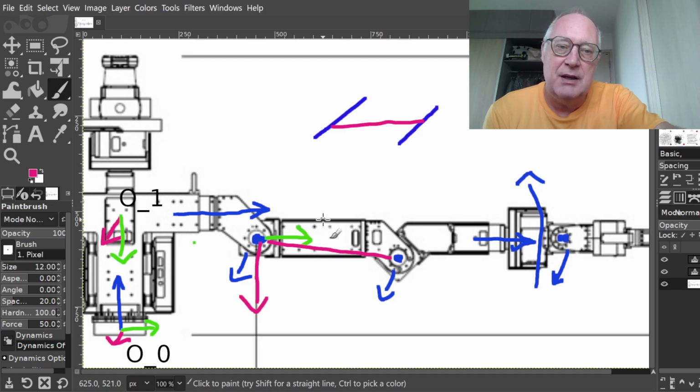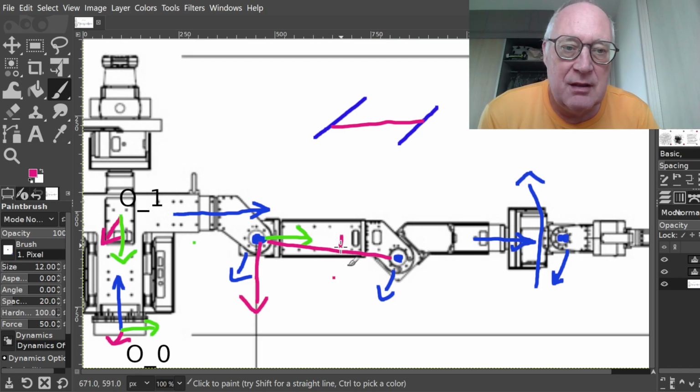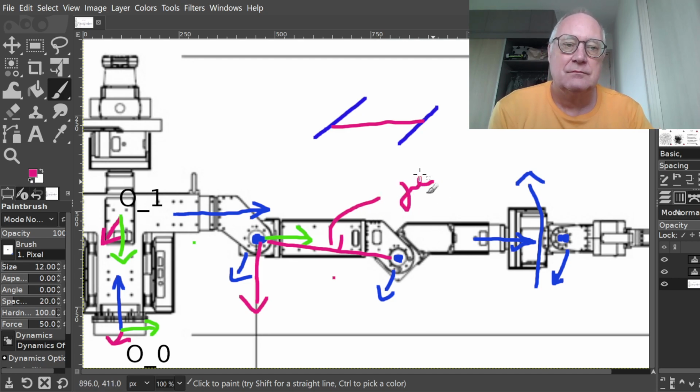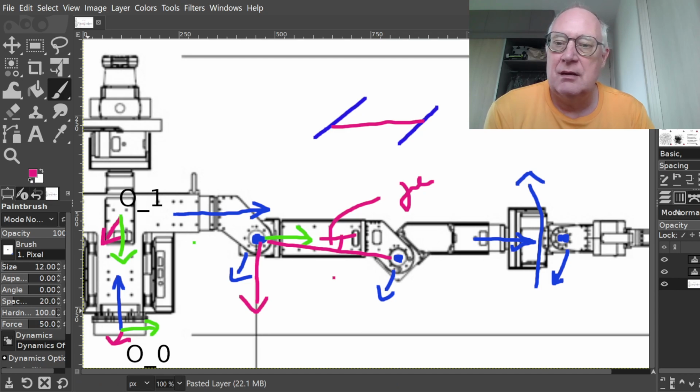So I need to rotate by 90 degrees minus this angle here. It's called gamma. So that just doesn't match very well with the drawing of the robot. But certainly the kinematics, the solution is going to be correct. It's not going to cause any problem in that sense.